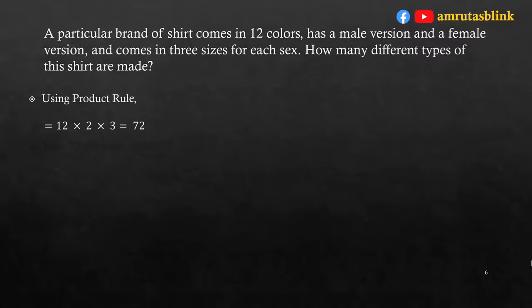So, the number of ways will be 12 into 2. And after that, there are 3 sizes for each sex, as in 3 sizes for male, 3 sizes for female. So, the total number of varieties will be 12 into 2 into 3, that is equal to 72, and hence 72 types of shirts can be made.